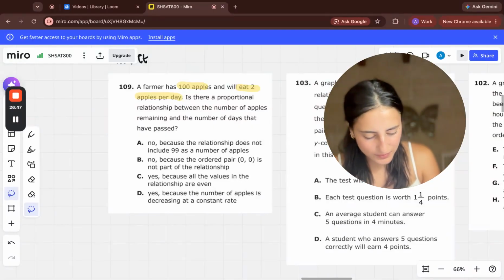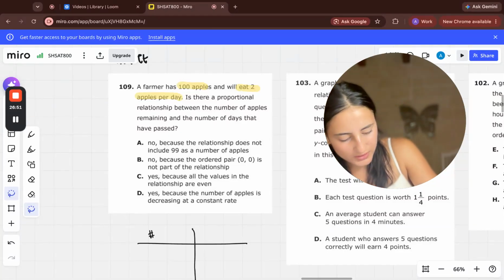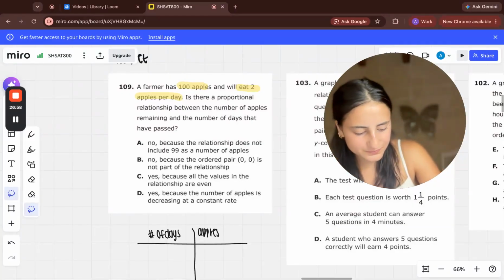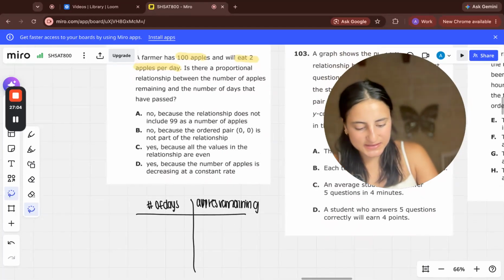So if we write this out, we can do number of days passed and then the apples remaining. So the farmer on day, let's say day 0, has 100 apples.